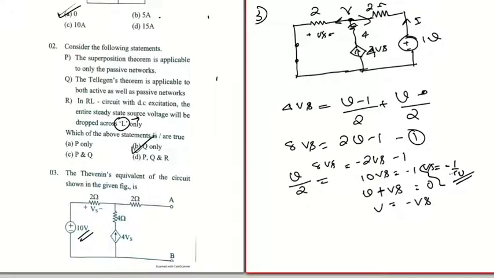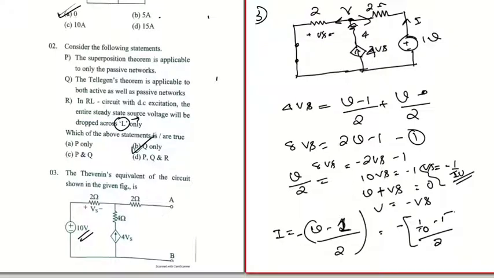From here we get Vs is equal to minus 1 by 10, and I equal to V minus 1 divided by 2. Actually it is negative because it is in the opposite direction. So V minus 1, V is 1 by 10 minus 1 divided by 2, which we get as I equal to 9 by 20.